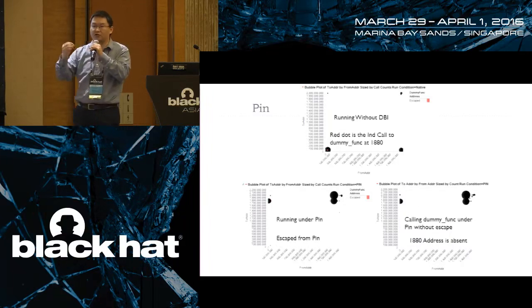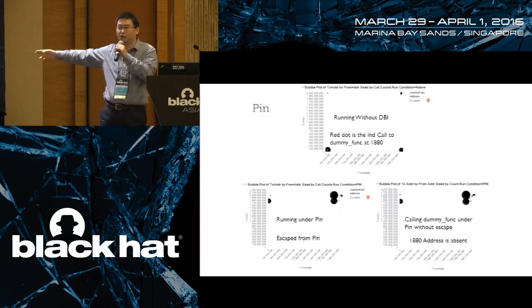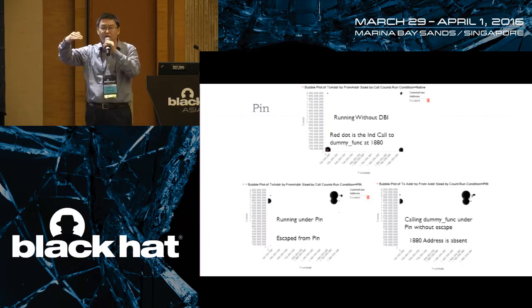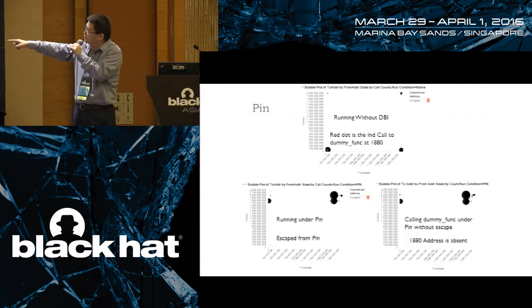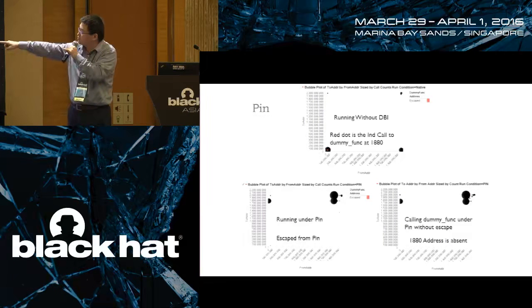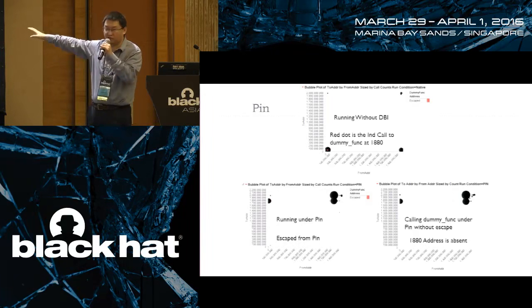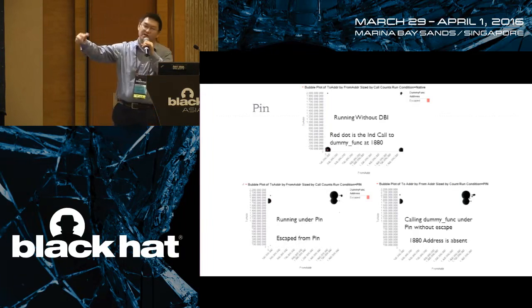You can catch the log, see the from and to addresses related to the dummy function in memory from the original code. Then you can see the red color for that function after the escape case. That still stays in a similar place as before, but it's far away from the rest of the code. So you did the escape.